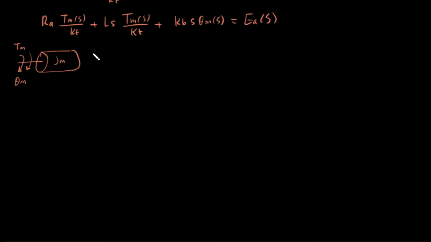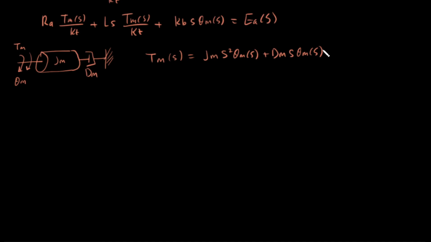We have the inertia, polar inertia of the motor, and we have some damping because we have bearings. And we call this dm. We could also write the motor torque is equal to, just from Newton's laws, Jm s squared theta m of s plus dm, which is our damping, s times theta m of s.